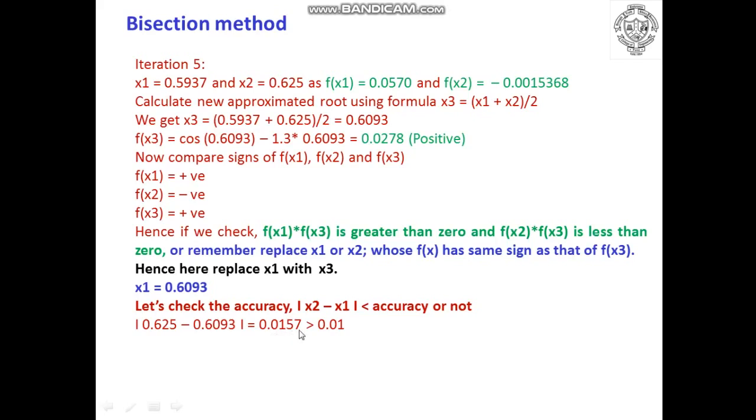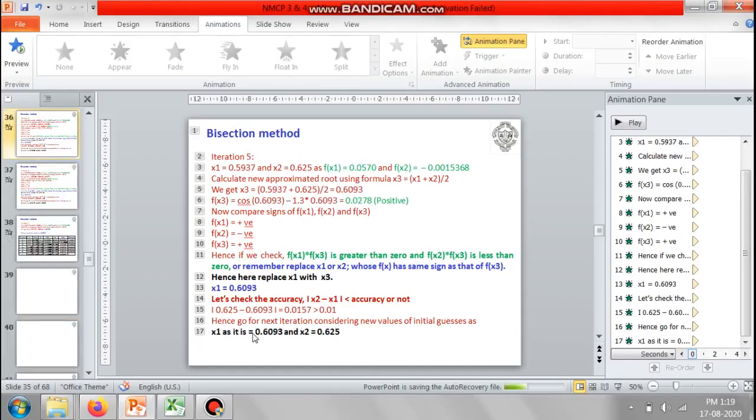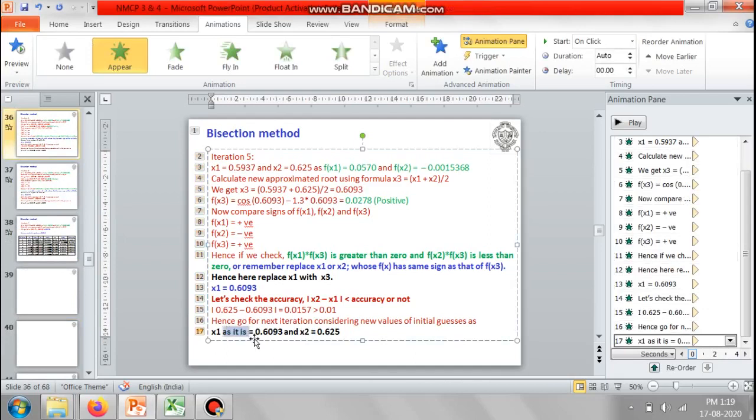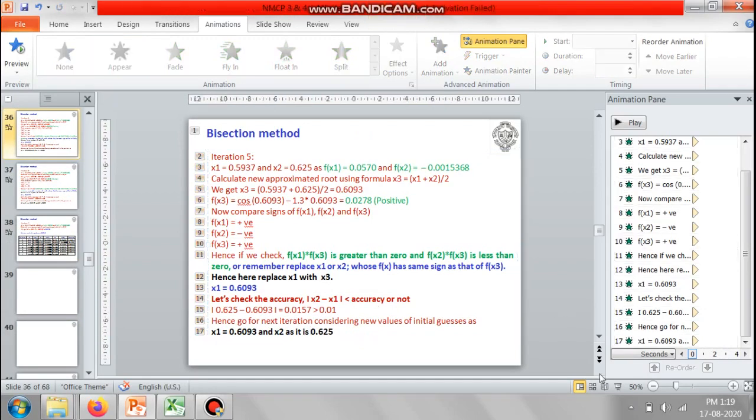Still this is greater than the accuracy value of 0.01. So let us consider the new initial guesses, as x1 is now replaced by the value 0.6039 and x2 will be as it is, which is 0.625.